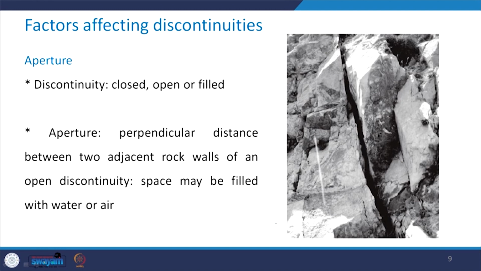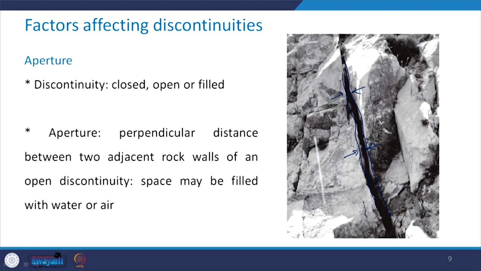So, this is the picture which has the open discontinuities. Why we are saying open discontinuity: there is a gap between the two rock surfaces which are forming the surface of the joint. So, you see here, this is the one and this is the other one.